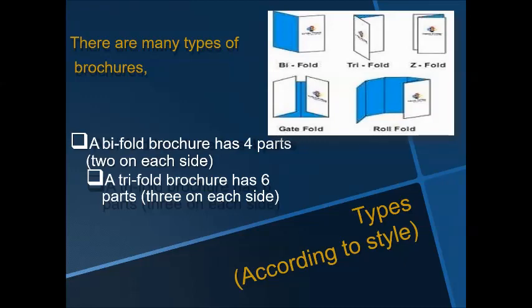A bifold has four parts, meaning we have two for the front page, and another two pages at the back. A trifold brochure has six parts. So for a bifold, you just multiply by 2. A trifold will be multiplied by 3, which makes it 6. And the other folds are according to the style.